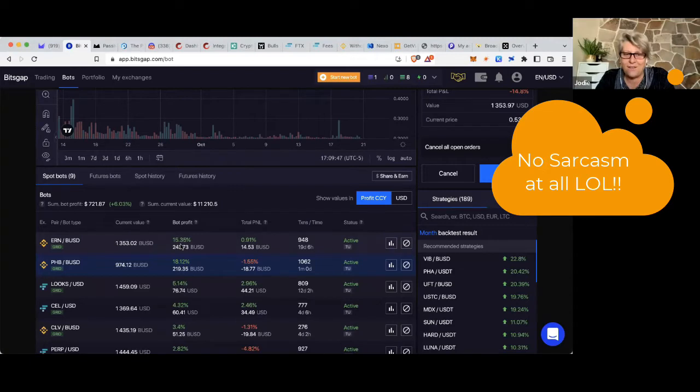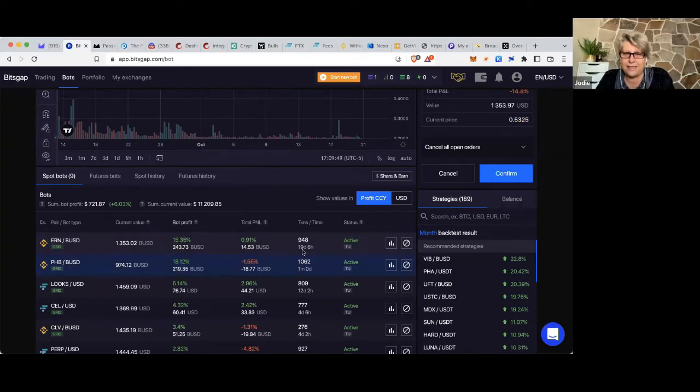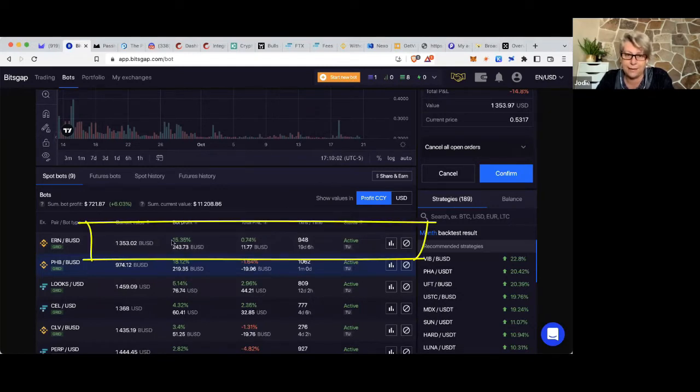I've had this bot running for 19 days and 6 hours. I'm not going to get anal and work out what 6 hours out of 24 is. I know it's a quarter, but I can do that if you want. 15.35 total bot profit. Can everyone see that?